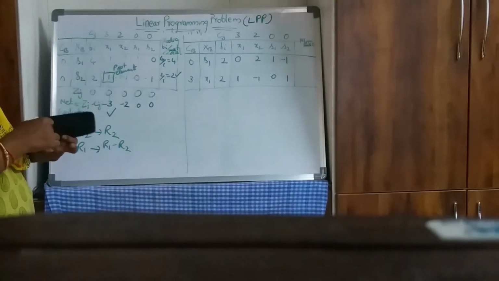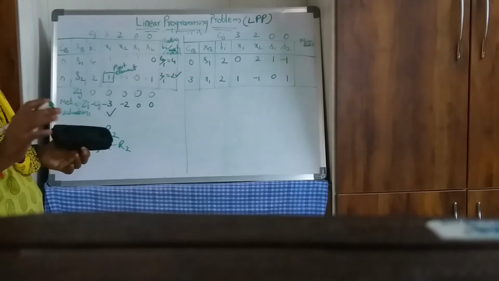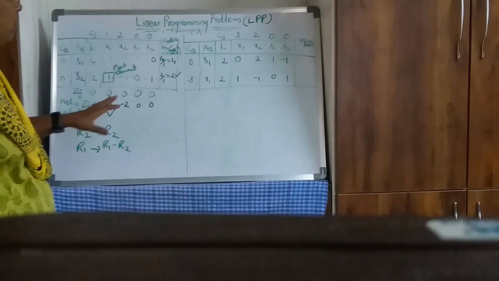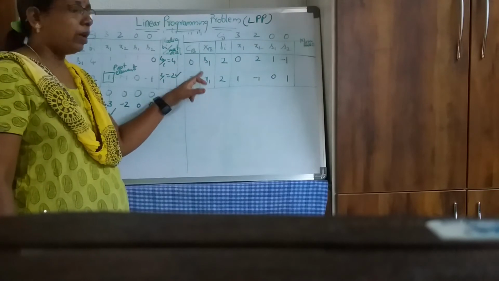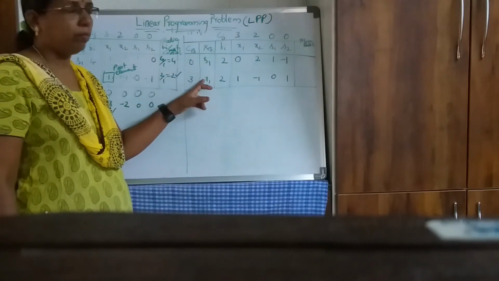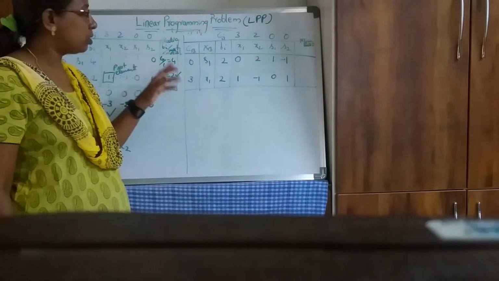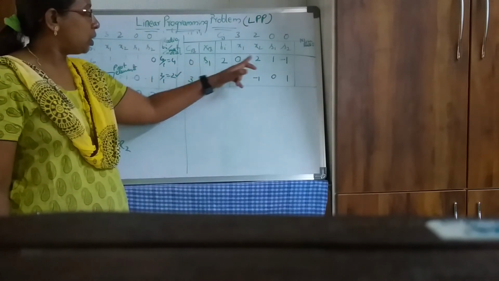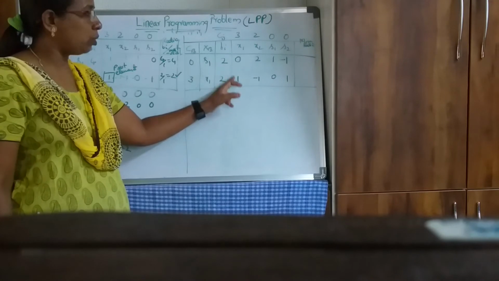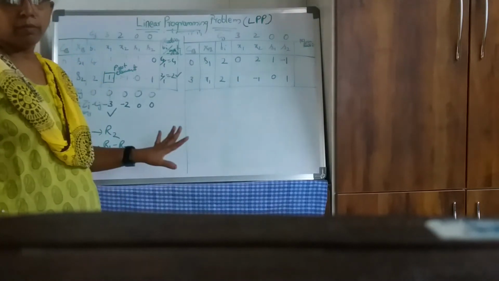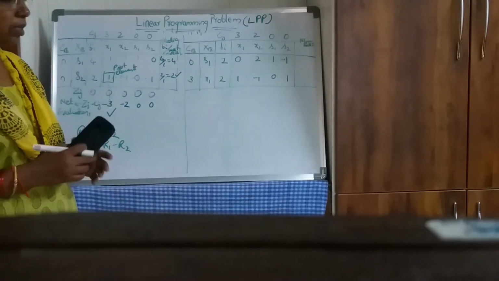Now check whether the transformations you have made are correct or not. How to check it is, whatever variables you have written in the XB column, check whether it is forming an identity matrix or not. So here you have S1, it is 1, 0, you have X1, it is 0, 1. So they are forming an identity matrix. That means your transformations are correct.